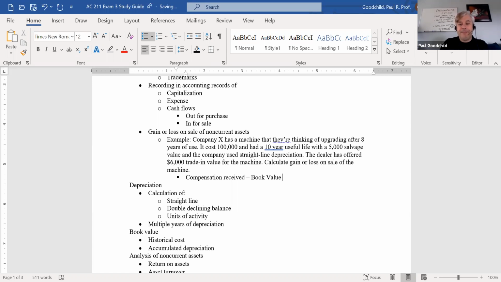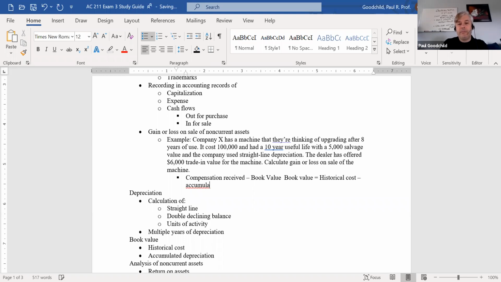And remember, book value equals your historical cost minus the accumulated depreciation.